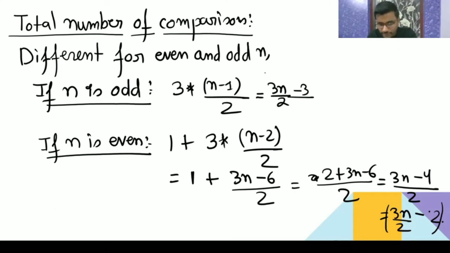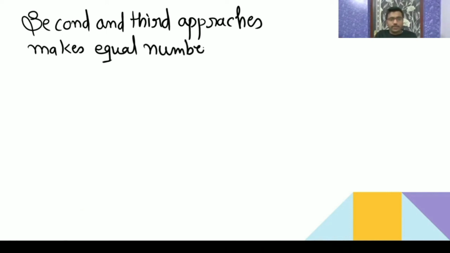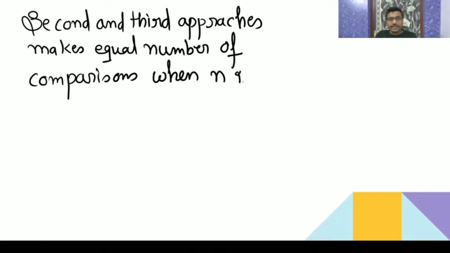So you have seen all three methods. The second and third approaches, the tournament method and this one, make an equal number of comparisons when n is a power of 2.